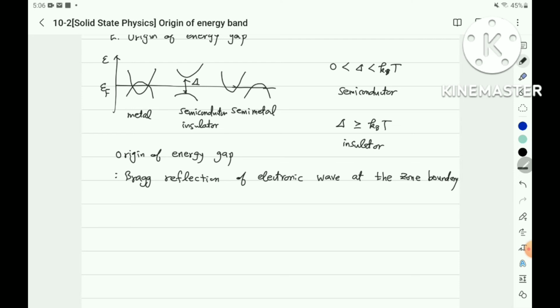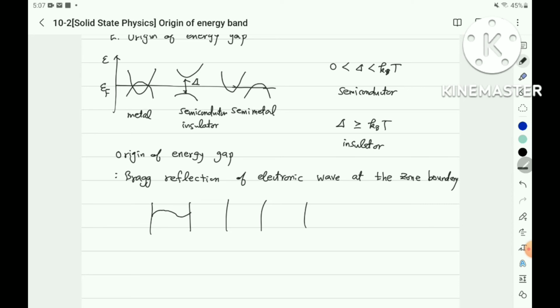As I said, there is a periodic boundary condition, and we have a Brillouin zone in momentum space. The periodic lattice also matters: when you look at the Brillouin zone, the electronic wave in real space is periodic, and there is a wave function.